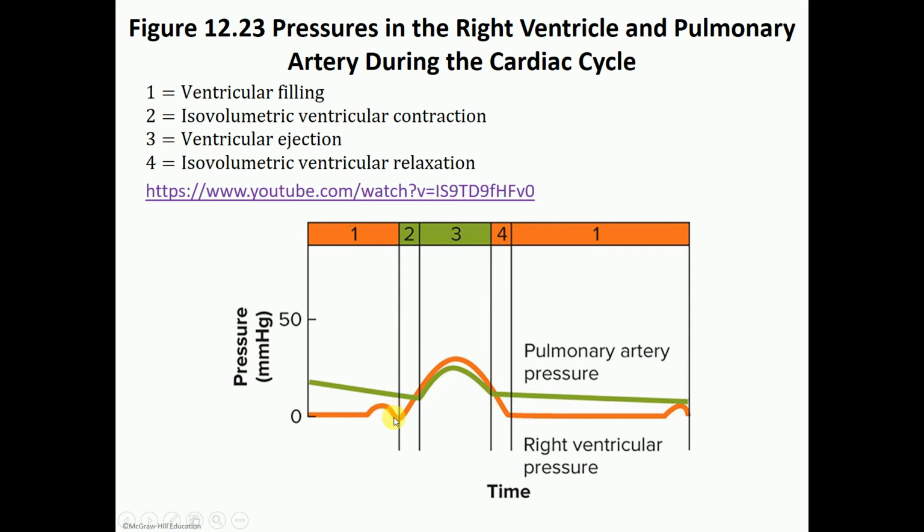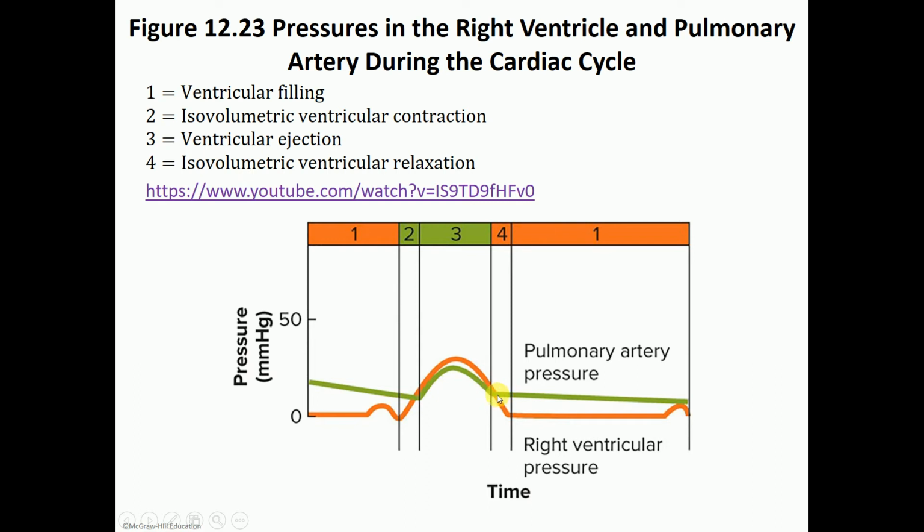And then we'll go down to the isovolumetric ventricular contraction, where the ventricle is contracting with all of the valves shut. So the pressure is going to increase during that phase until the semilunar valves open and the right ventricle is now ejecting the blood into the pulmonary artery, until it gets to a point where the right ventricle starts to empty and the pressure goes down, and then the pulmonary valve shuts.